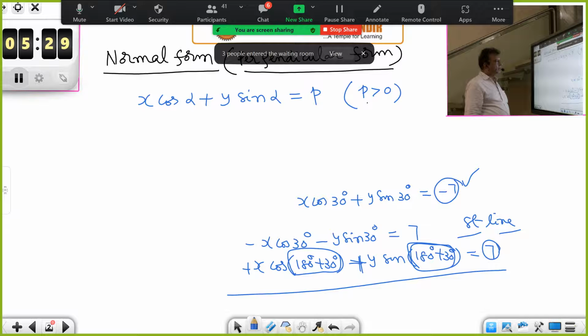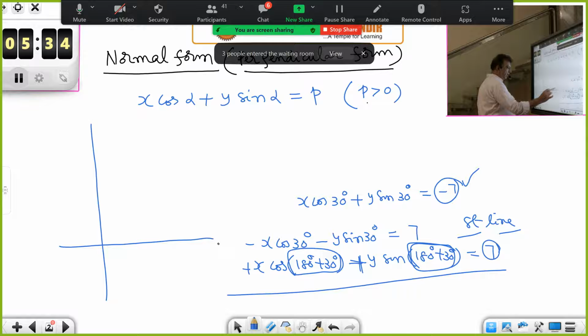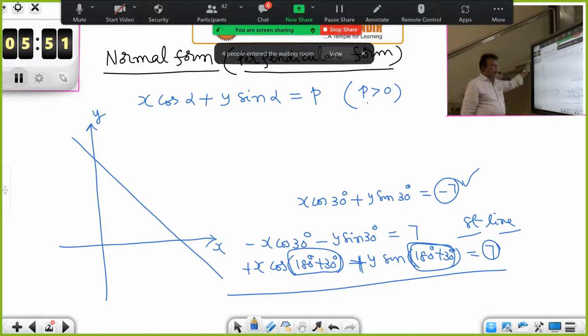Okay, here Tanmayi, what is p? Sir, in the normal form x cos alpha plus y sin alpha is equal to p, p represents what? Sir, the distance. Tell me.